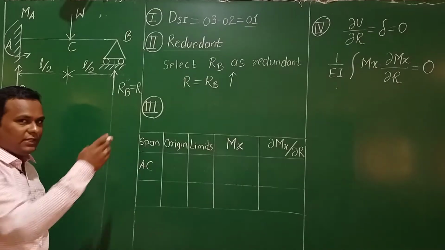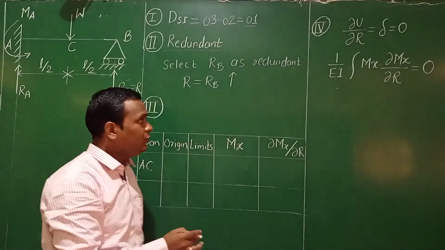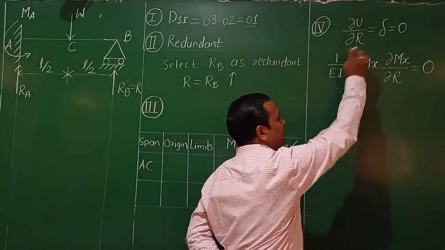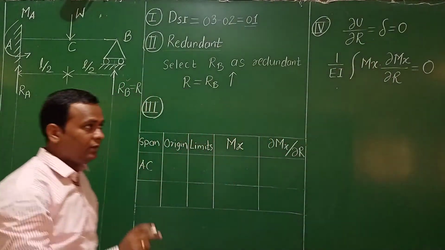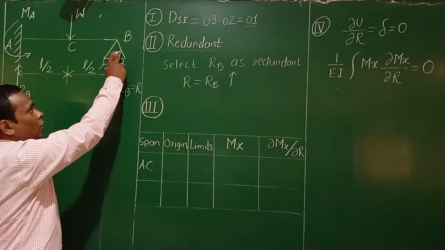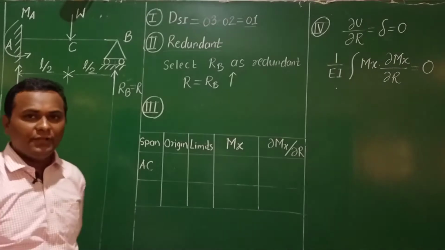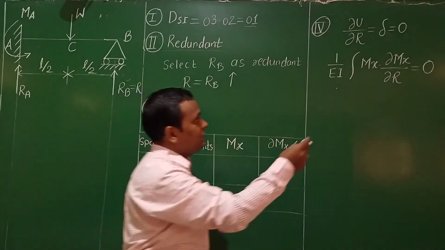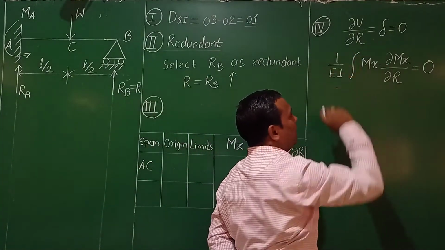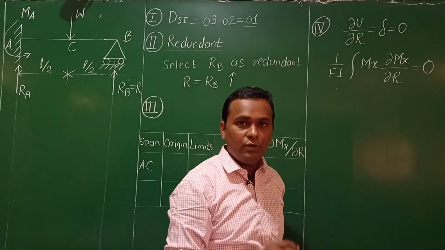Here the applied force is nothing but the reaction, so ∂U/∂R gives the displacement delta. As this redundant provides a support, the deflection at this support will be 0. So we can say that ∂U/∂R is equal to delta, which is equal to 0 in this case.